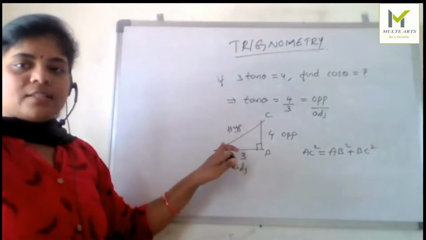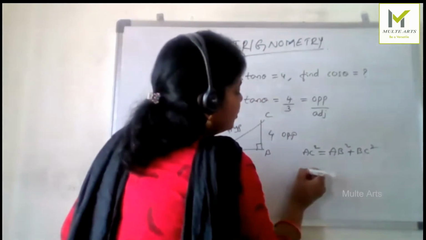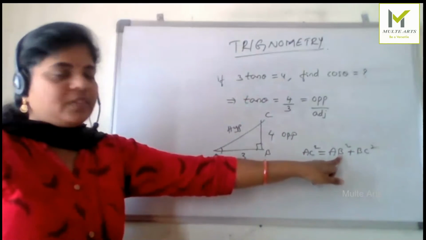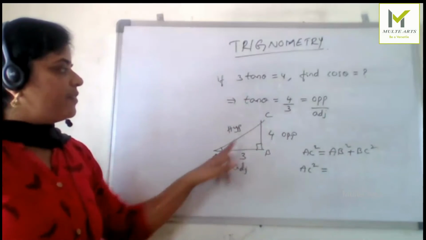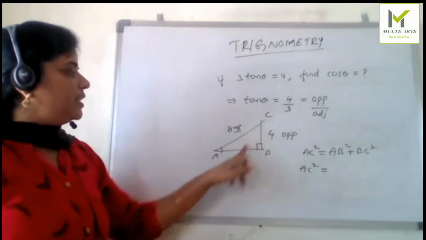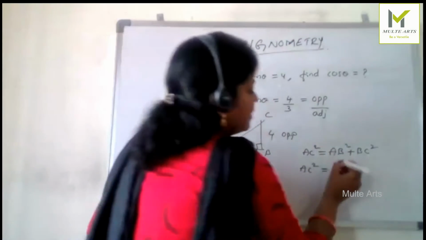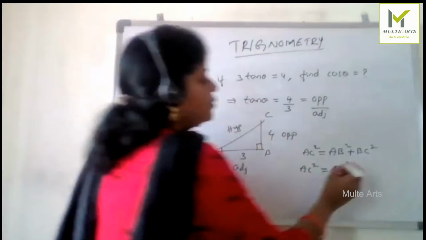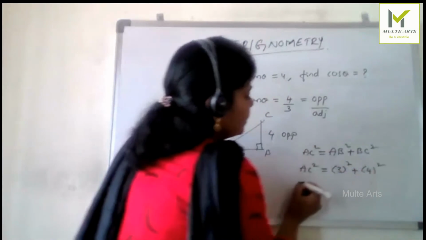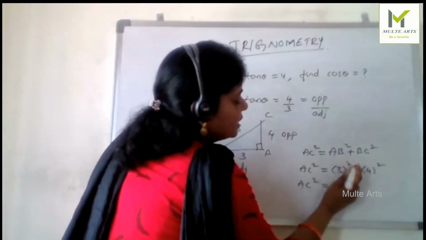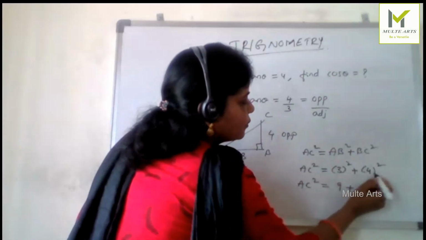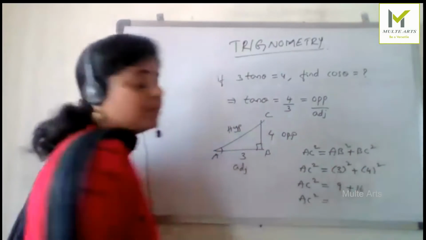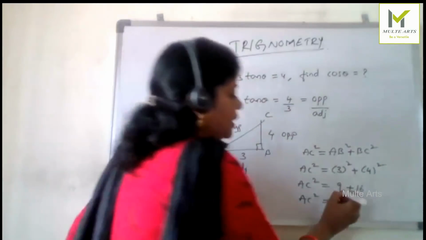AC is the hypotenuse we have to find. So substitute the values of AB and BC given in the question. AB is 3, so 3 square, plus BC is 4, so 4 square. So AC square equals 9 plus 16, which is 25.